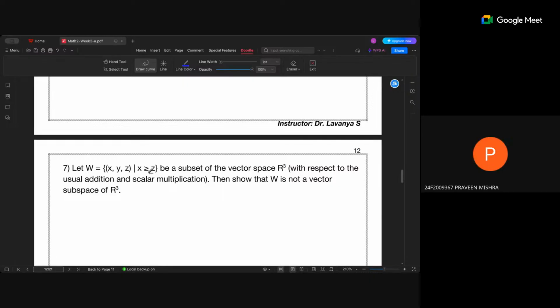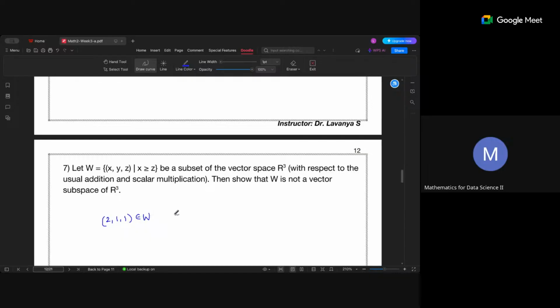Scalar multiplication will fail, you are saying. Yes. Okay, so let us take some vector where this property is satisfied. Let us take x is 2, and this is 1, 1. So this is a vector in W, right?